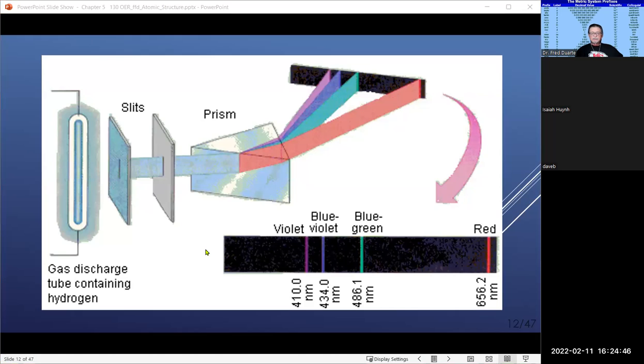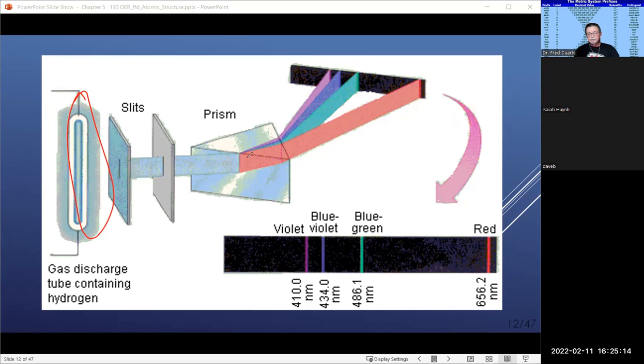Okay, and here's the diagram to show you what's going on. We have the gas in the sealed glass tube, and we have a charge running through it. We turn it on, it emits light, and we take some of that light and run it through some slits, which just focuses the light into a prism.